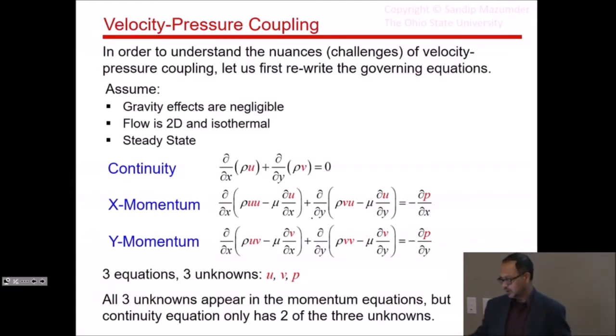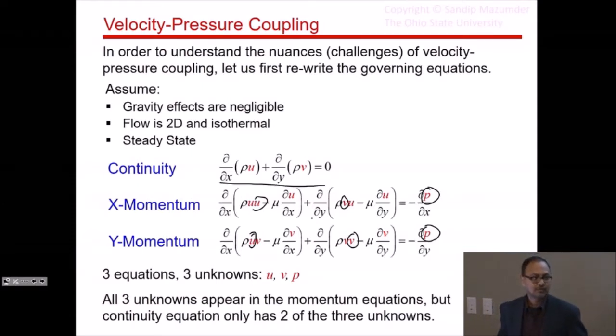Here's your u, here's your v, here's your p. Same thing here, p, v, u. But the continuity equation does not have a p, it has only velocity, u and v.